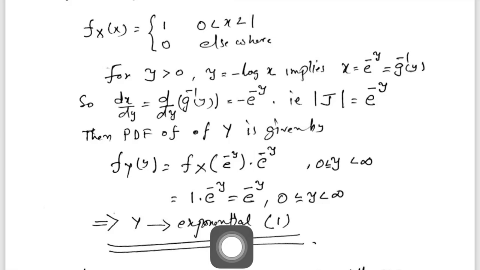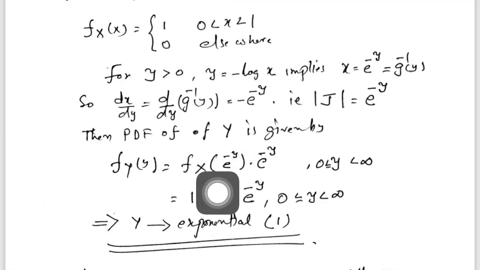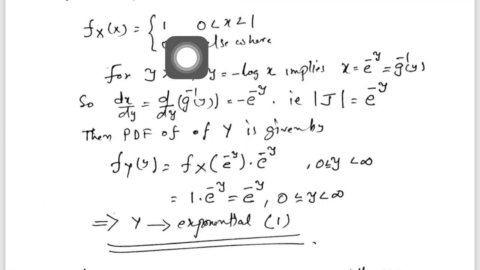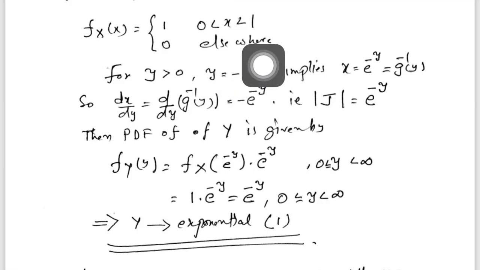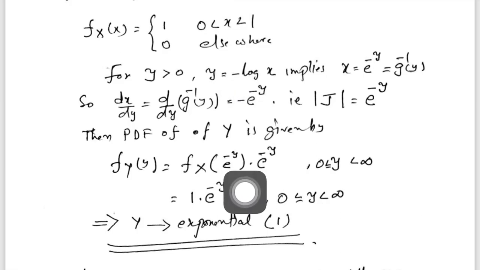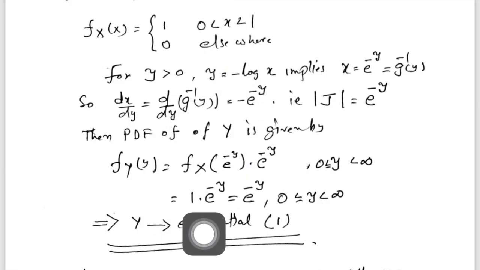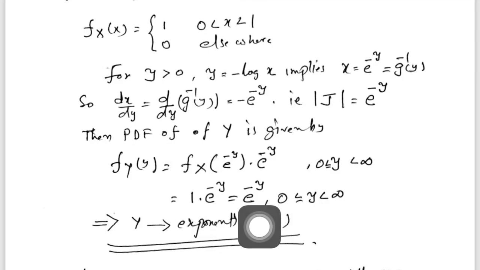Why is it 1? Because fx is equal to 1 in this range. So fy of y is equal to e to the power of minus y, and you know this y is exponential with the parameter lambda equal to 1.